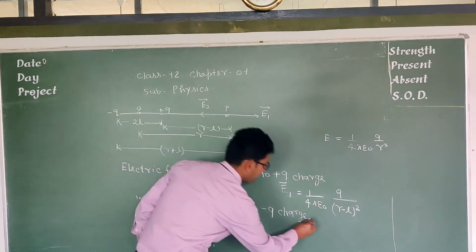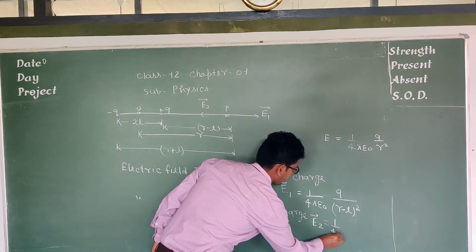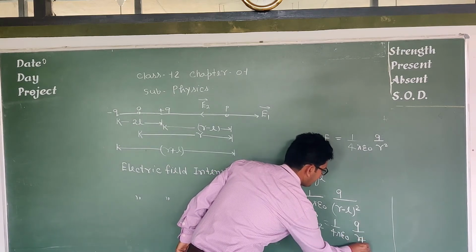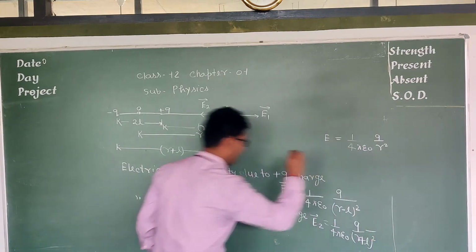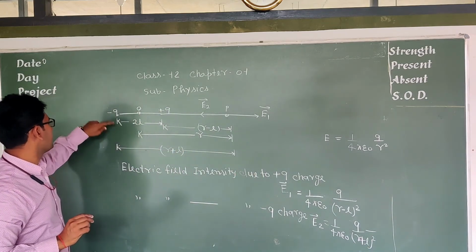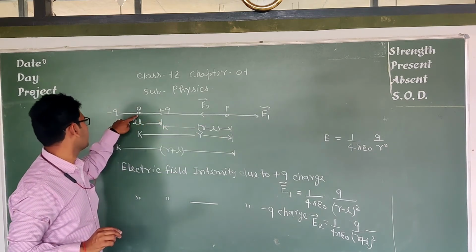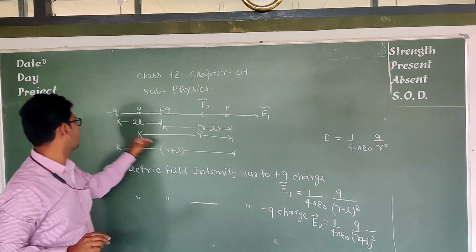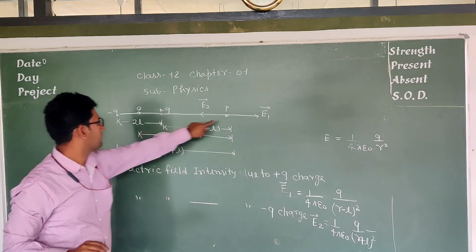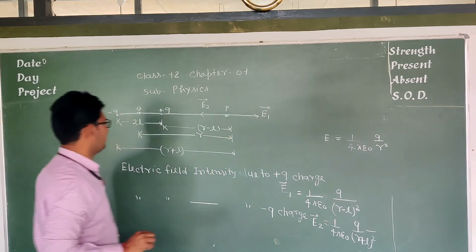So E2 equals 1 by 4 pi epsilon naught Q by R plus L whole square. Why? Because we have taken the distance between the minus Q and point P. Here the distance between O and P is R, and here the distance is L. So the total distance between P and minus Q will be R plus L. Okay.